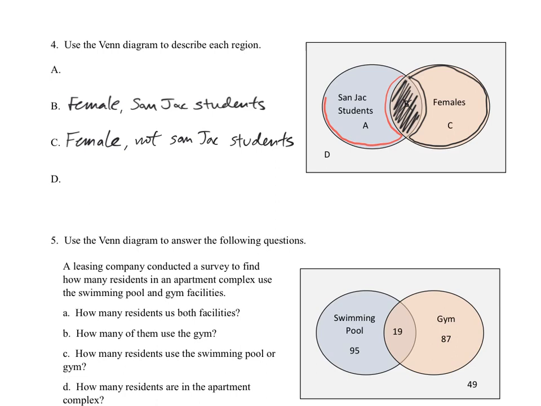You can see everybody in this bubble is a Sanjak student, but we have to include the negation of the other bubble. So Sanjak students, not female, or not female just means males, so we could say male Sanjak students.